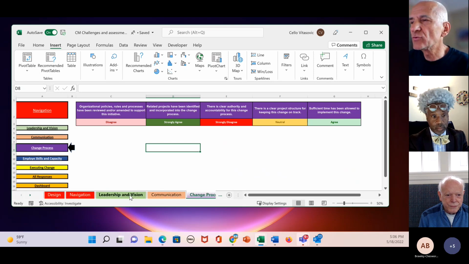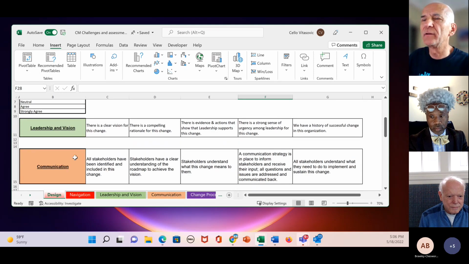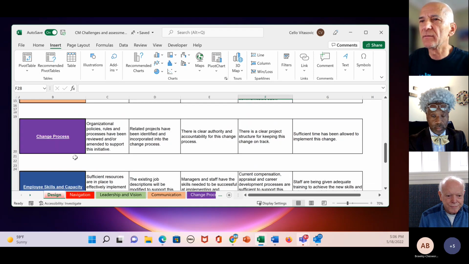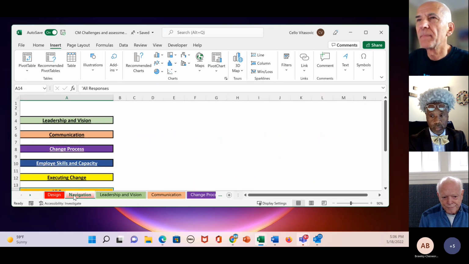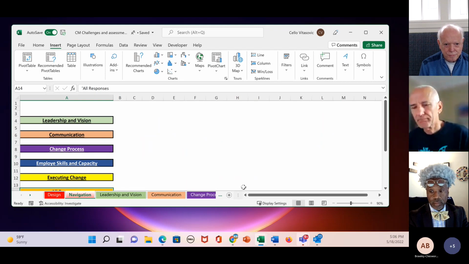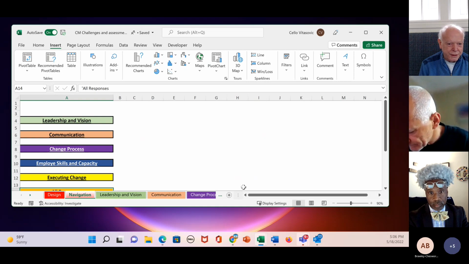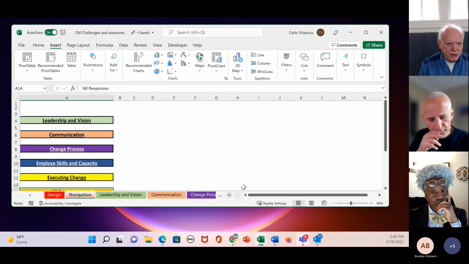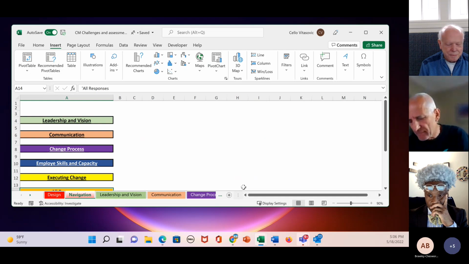Which ones would you like to do out of these 5? What do you think would be the best ones to select? It may not matter a lot, Cello. Okay, just pick a couple, and of course everyone will give different answers, and then we'll see what it tells us and how a report shows up.